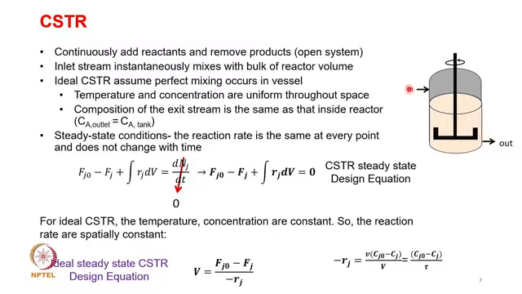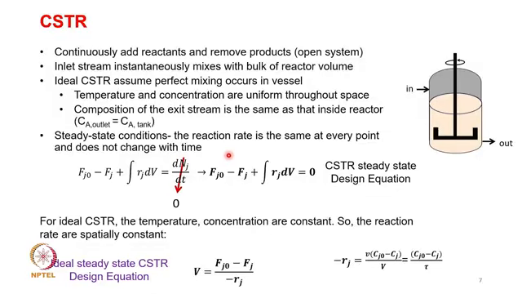Since there are constant inlet and constant outlet flows, the reaction can eventually reach a steady state, and the reaction rate would be the same at every point and will not change with respect to time.